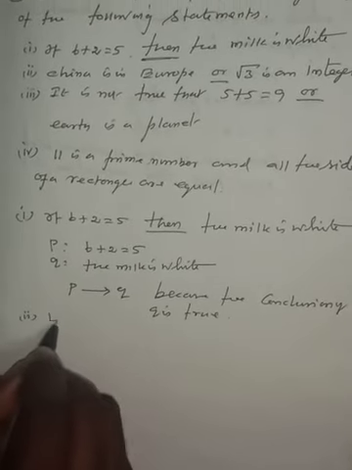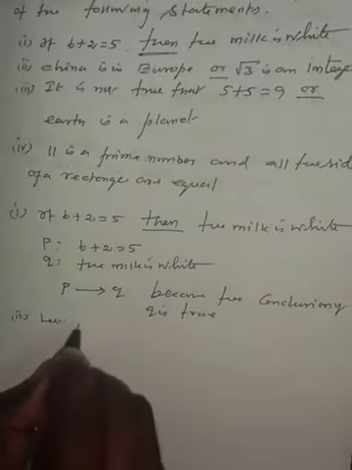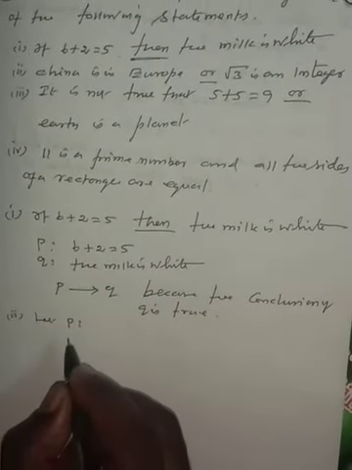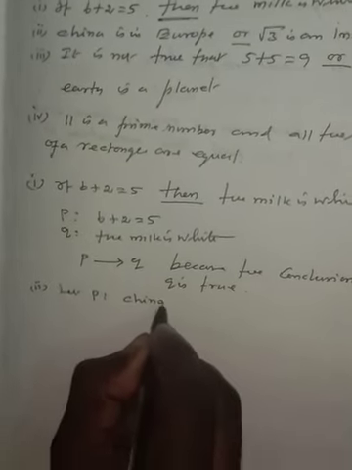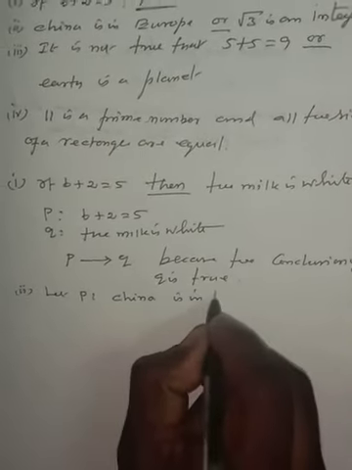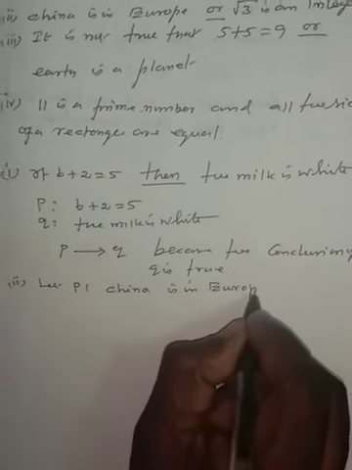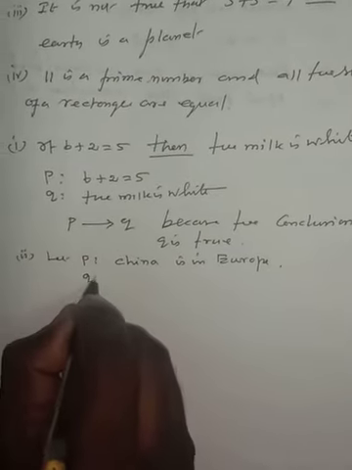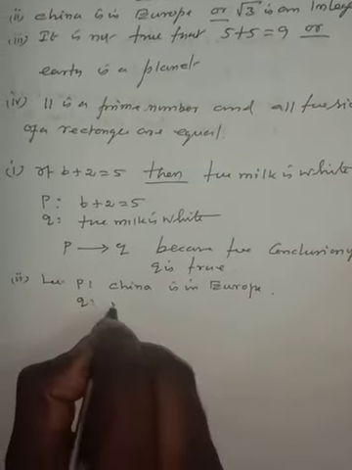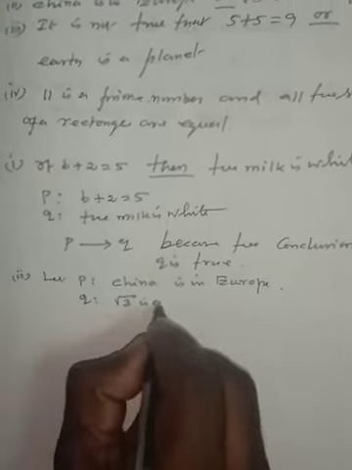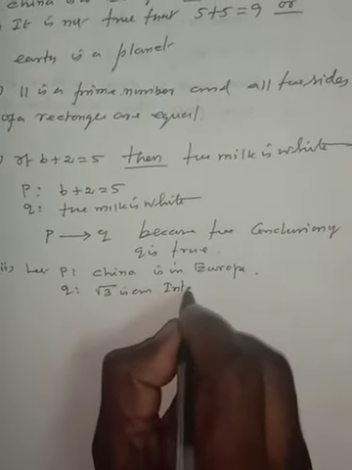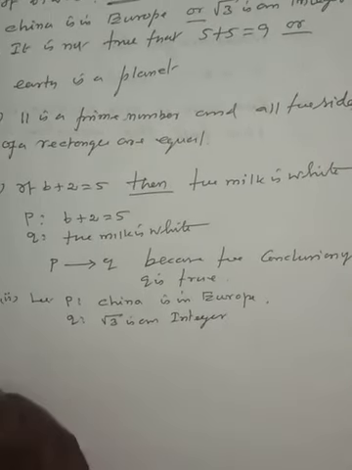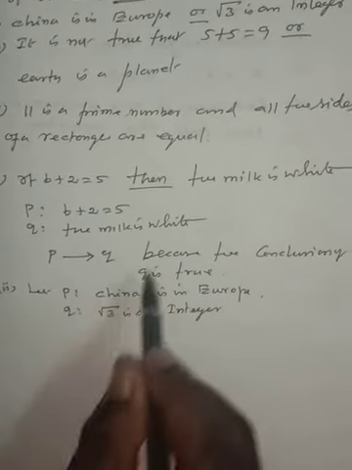Next, number 2. Let P be the first postulate: China is in Europe. Second postulate: root 3 is an integer. Now the symbol we are using is or.